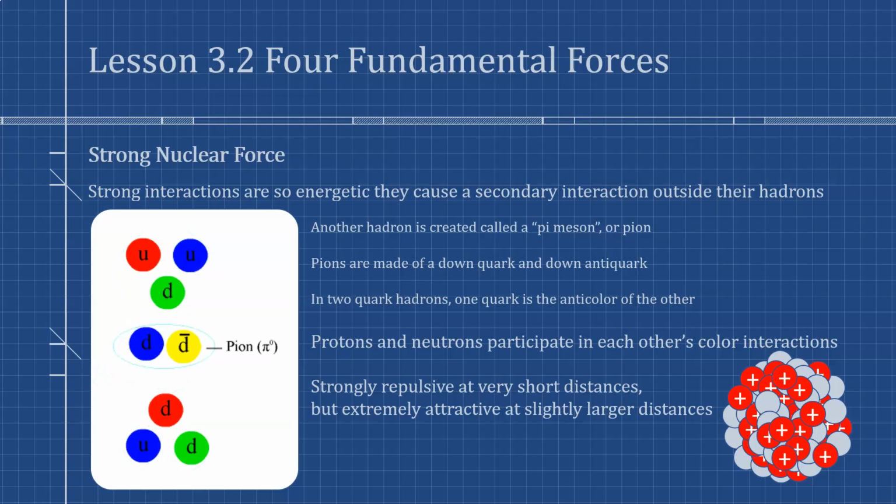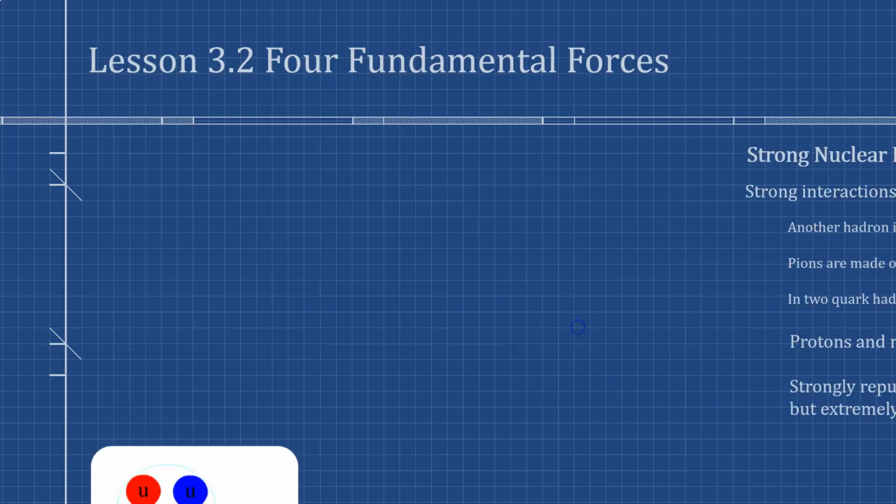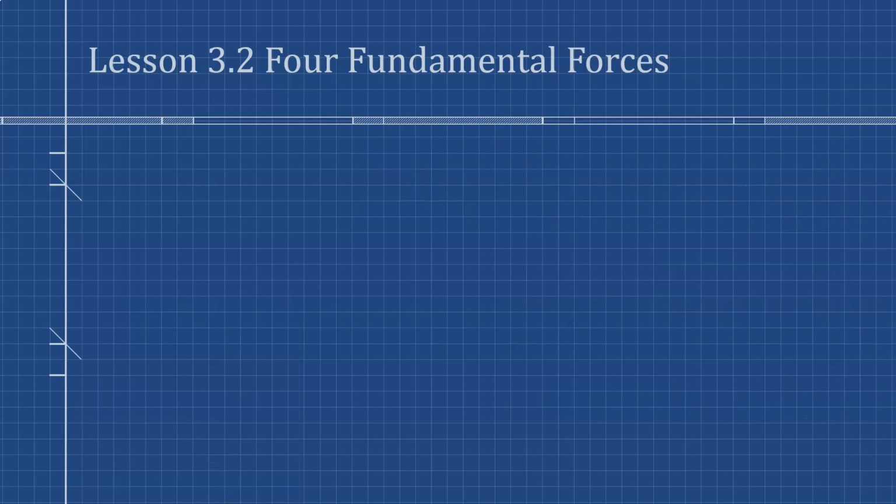So if you try to pull them too far apart, they're going to snap back, and the nucleus is going to remain intact in this way. All right, and that's the strong force. Now you know how the strong force acts to hold the nuclei of atoms together and to hold protons and neutrons together.